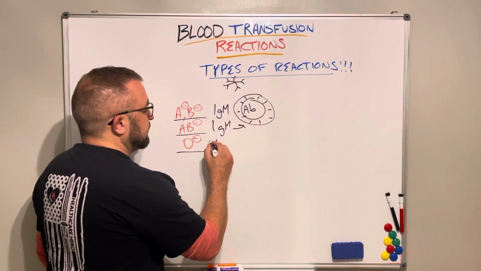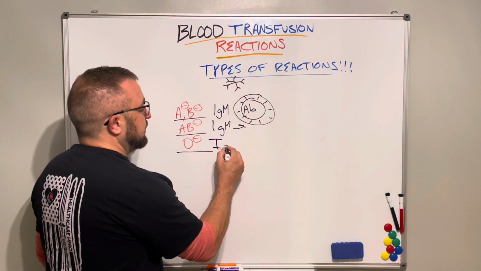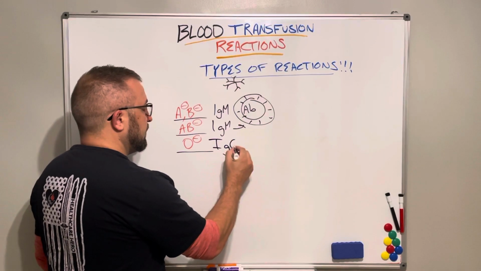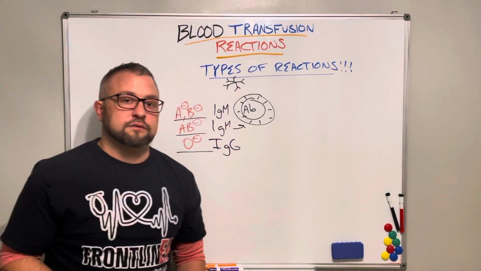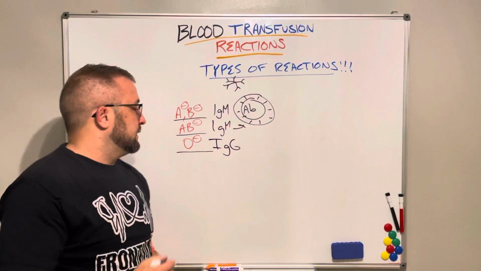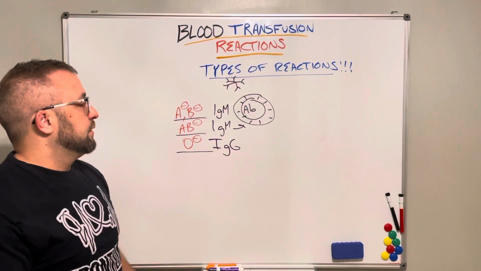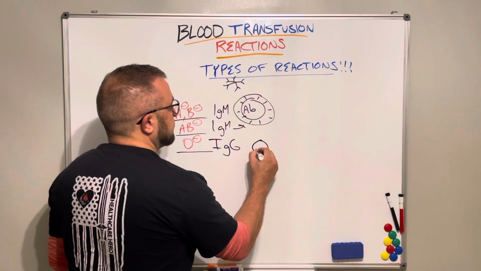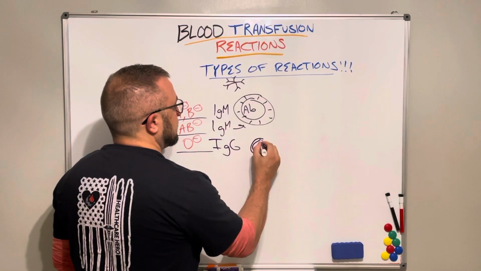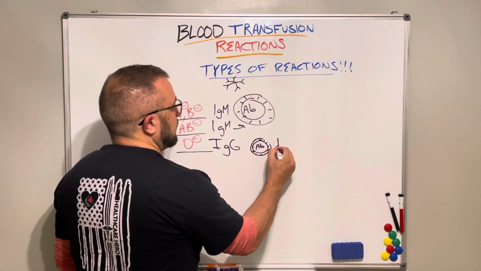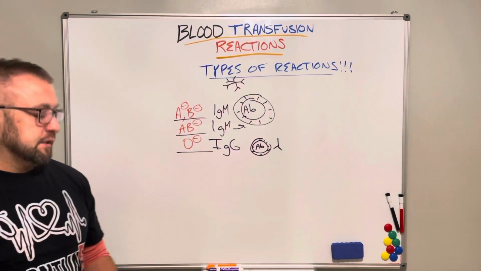And lastly, if a person with O negative blood is exposed to Rh positive blood, they'll produce IgG antibodies, which we'll draw as these little antibodies here, or they're just singular antibodies like that.